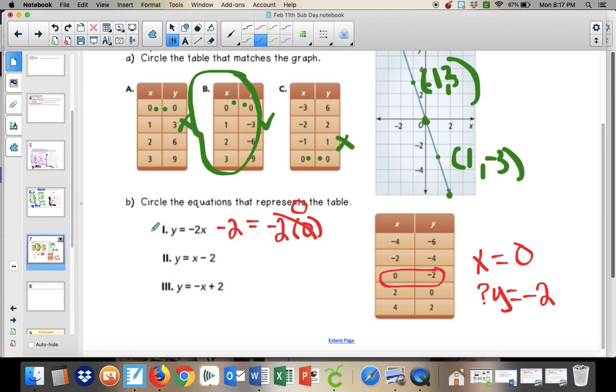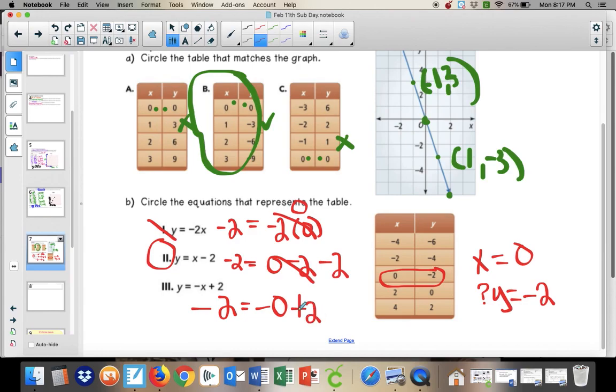Do they match? Nope. All right, this one. -2 equals 0 minus 2. Well, what's 0 minus 2? It's -2. Does -2 equal -2? Yeah. Let's check one more time. Does -2 equal -0 plus 2? Well, this is 2. Is -2 the same as 2? Nope. So it's number 2.